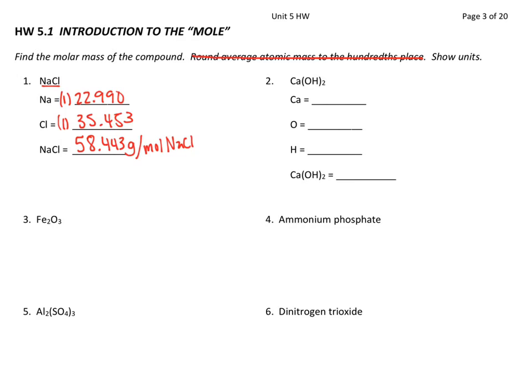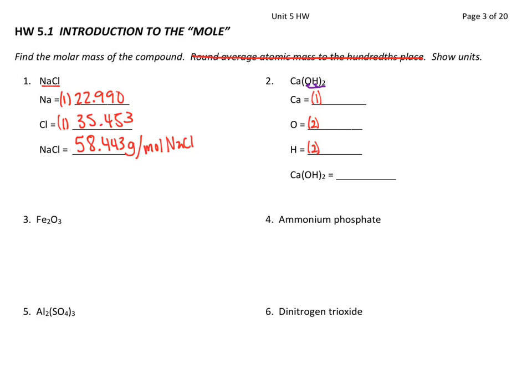Calcium, according to our formula, has no subscript, so we can assume that there's only one calcium. In this case, we do have a polyatomic ion, and this polyatomic ion has a subscript of 2. So this 2 needs to be distributed to the oxygen and to the hydrogen. So we have 2 oxygens, and we also have 2 hydrogens.